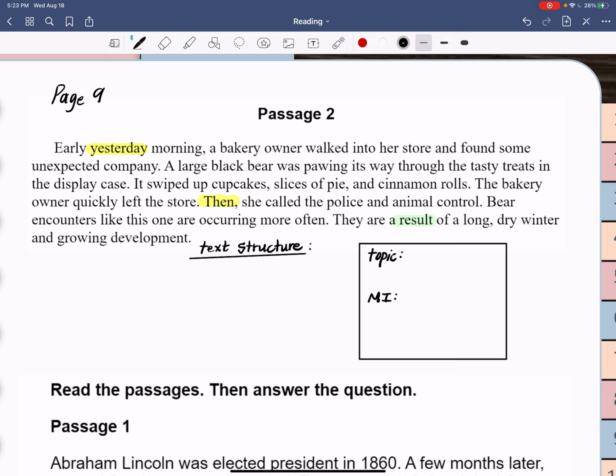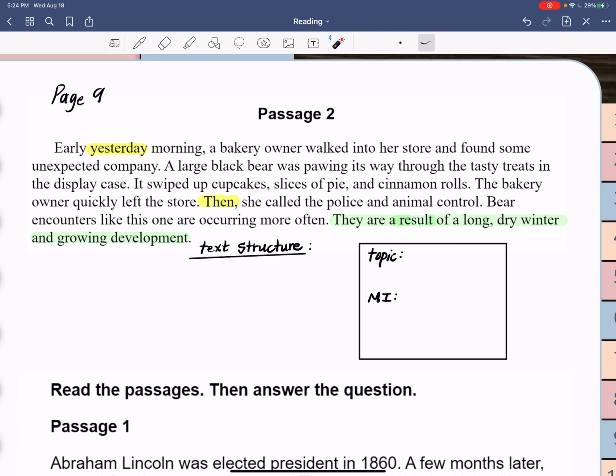So we have to decide if we're dealing with a chronological passage, which is step by step, time order, or a cause and effect passage. Now this is a cause-effect sentence. This is the result. This is the effect of long, dry winter and growing development.